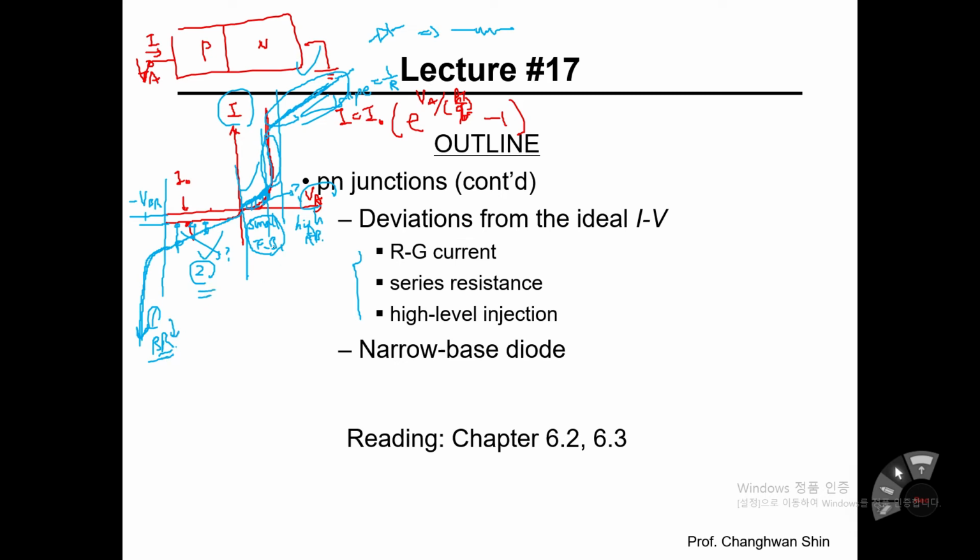So number two, number three, and here number four. What is the main mechanism? Number two comes from the generation current. Number three comes from the recombination current. Number four comes from series resistance and/or high level injection. So we are going to learn those three factors, three deviations from the ideal IV characteristic.